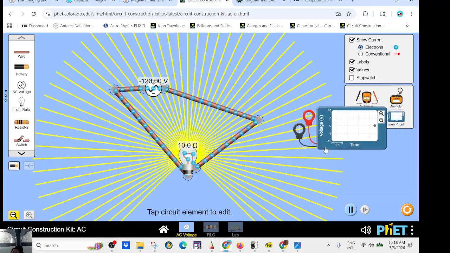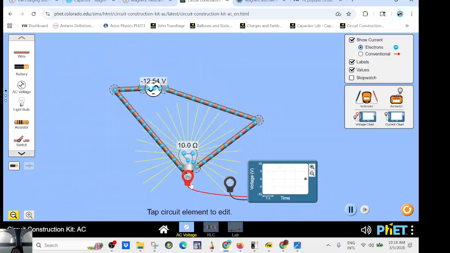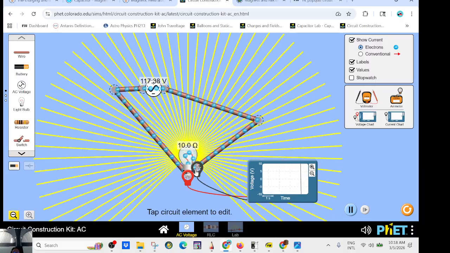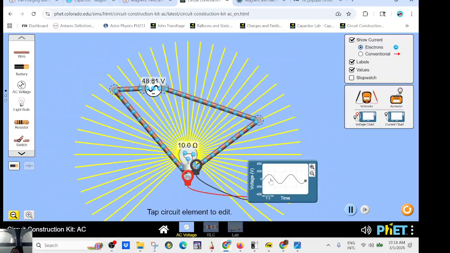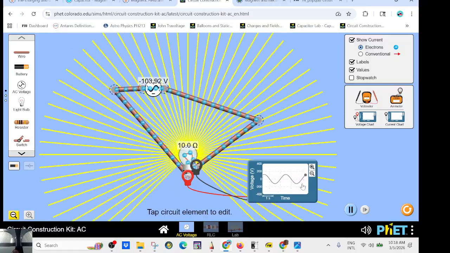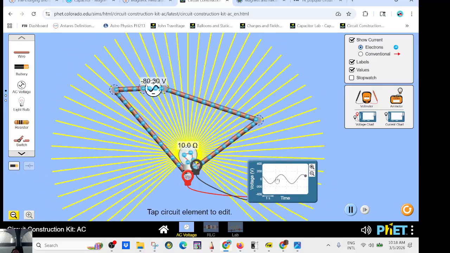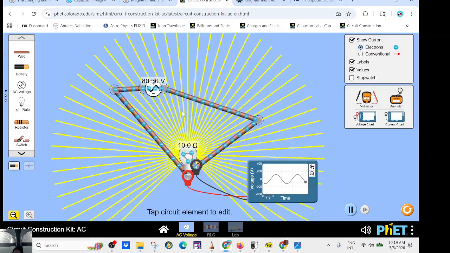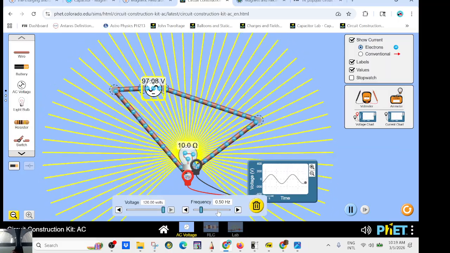So if I take an oscilloscope, right? That will be the oscilloscope, and I connect here. That will be the voltage across, and you see that the voltage is following a sine wave. The sine wave has a period, which is the time between two crests, for example. If I look at the value, you see the frequency is 0.5 hertz.